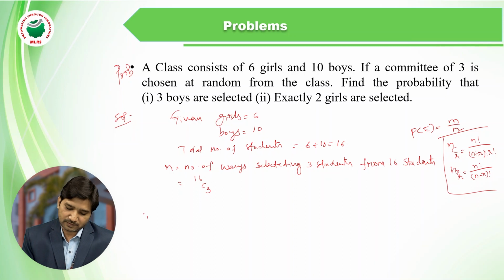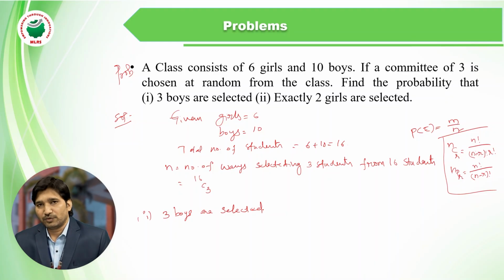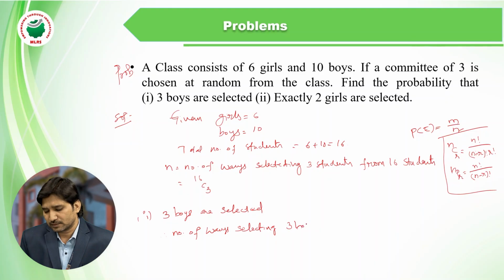Next, the first case is that 3 boys are selected. Already we know the n value. Now we have to find the m value. m is the number of ways of selecting 3 boys from the boys.